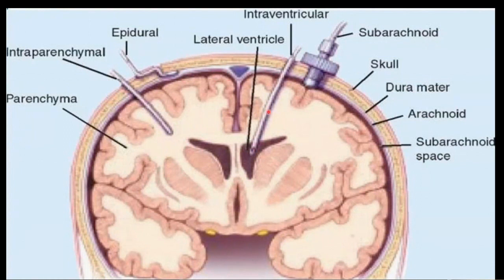Some of these are like the EVD, the external ventricular drain. It is inside the ventricle and goes through the skull. You can get measurements from the ventricle, and at the same time you can drain CSF as a therapeutic measure.